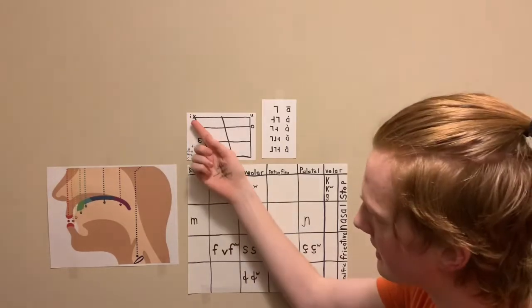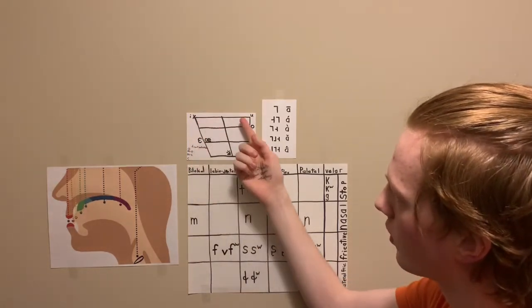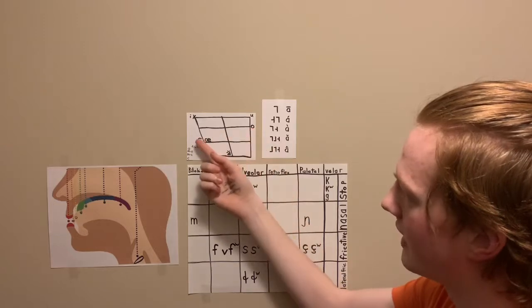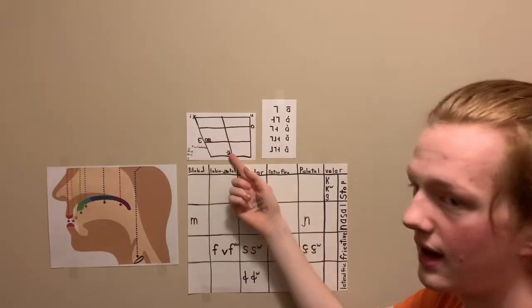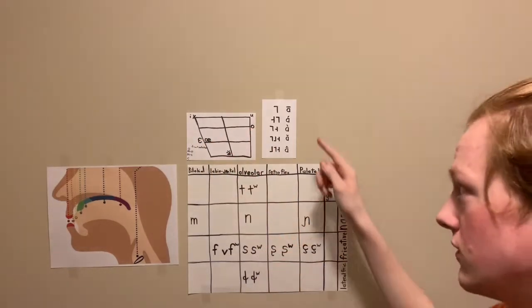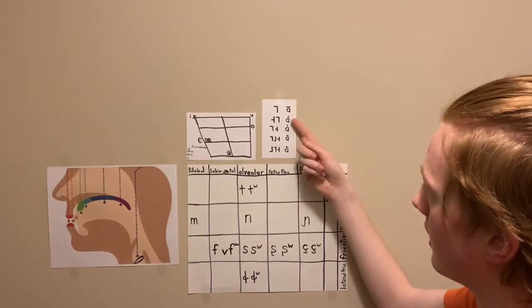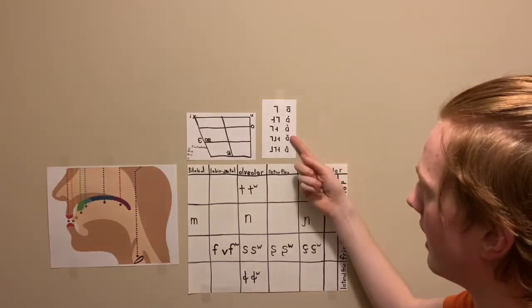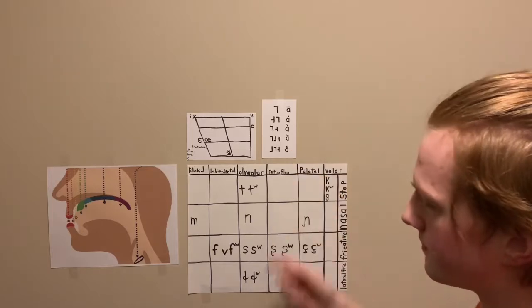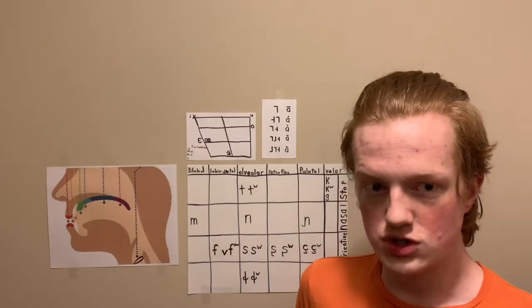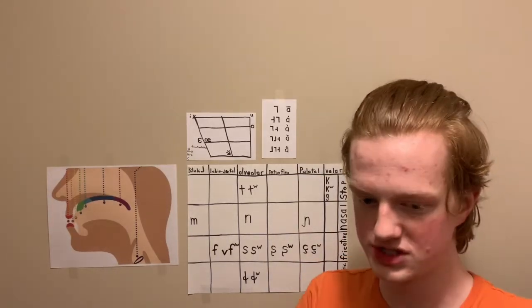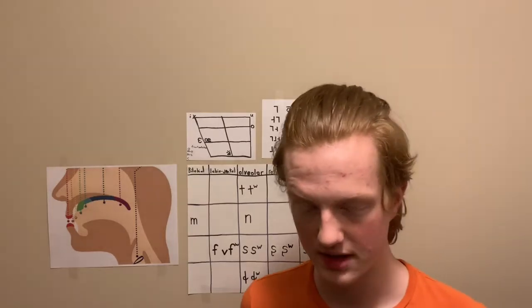Vowels: I, U, U, O, E, A. Tones: A, A, A, A, A. So, that's just a little summary of what the rest of the video is going to be like.